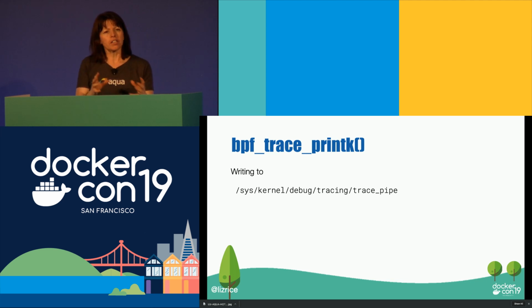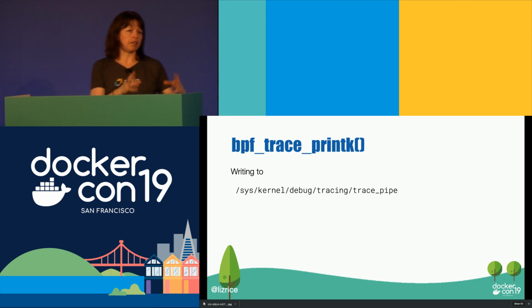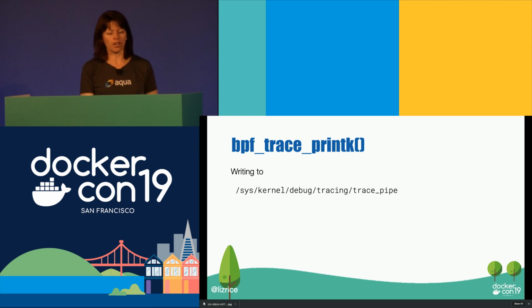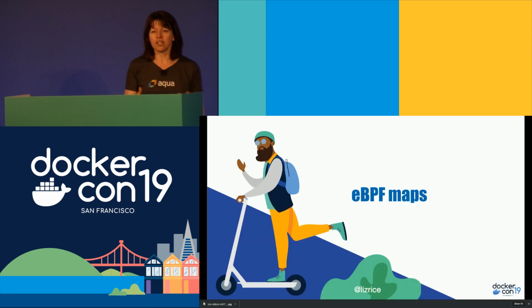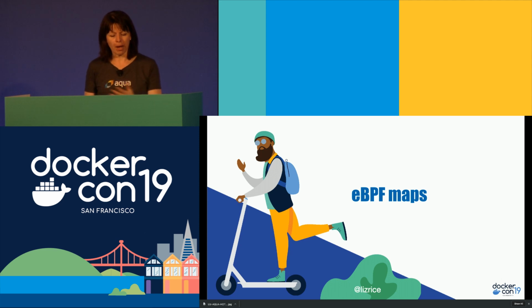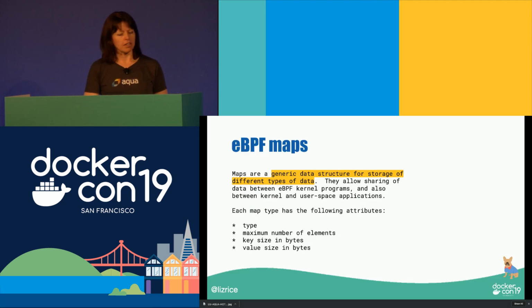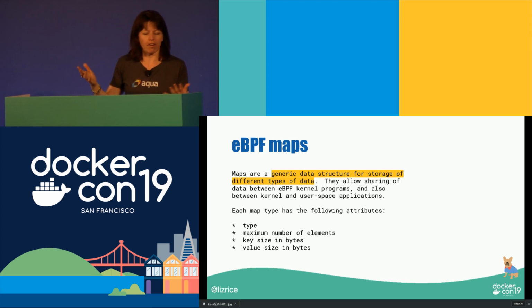So if we want to exchange information between user space and the kernel, this is just there for kind of debugging purposes. What you're really going to use is these data structures called eBPF maps. The man page tells us about that. Maps are capable of storing kind of generic data.